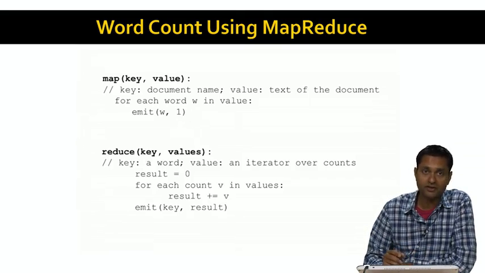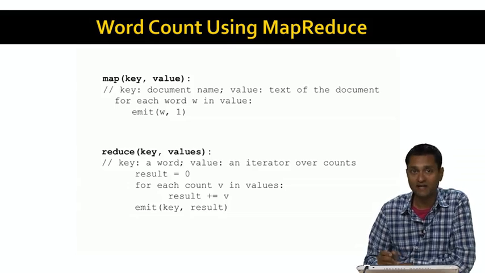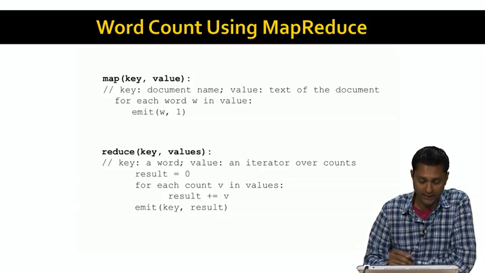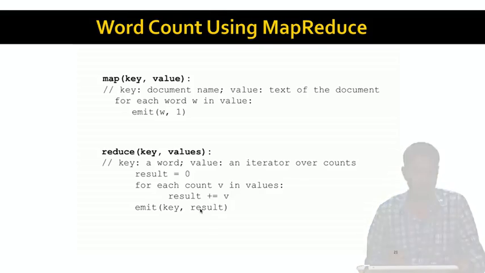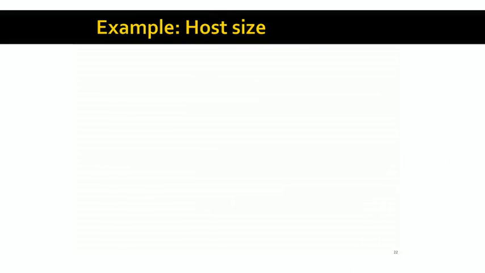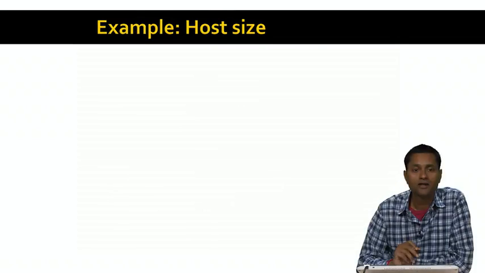The reduce function, remember, takes a key and a set of values. The set of values all correspond to the same key, and in this case, it just iterates through all the values and sums them up, and the output has the same key, and the value is the sum.